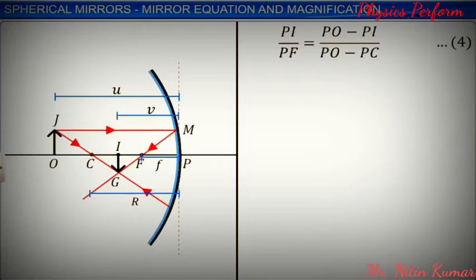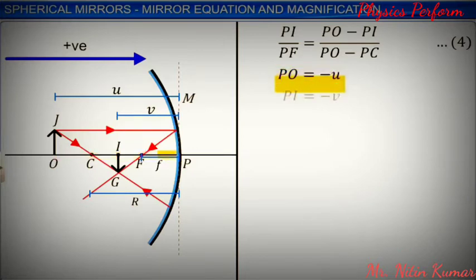Now, on application of the Cartesian sign convention, we can write that PO is equal to minus U, PI is equal to minus V, PF is equal to minus F, and PC is equal to minus R, which is also equal to minus 2F.